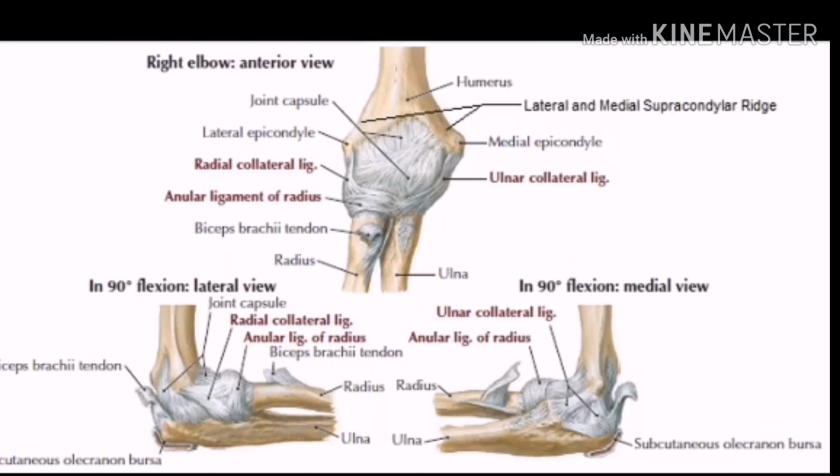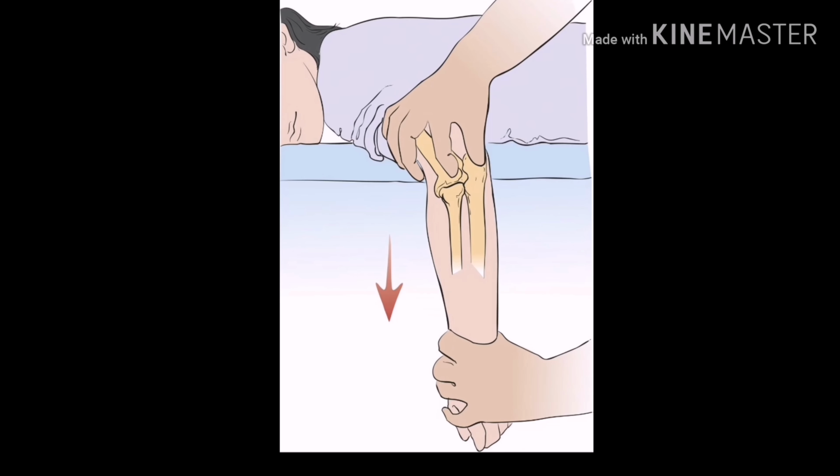Type 3A will have posterior dislocation, valgus instability, lateral ulnar collateral ligament injury, and anterior and posterior capsule, and we will add posterior MCL disrupted. And type 3B is the same with anterior and posterior MCL disrupted. This is 3B. Now we're going to the treatment.